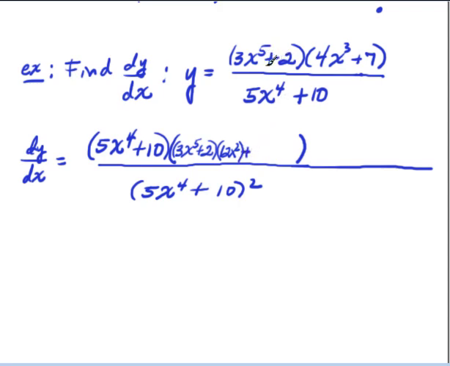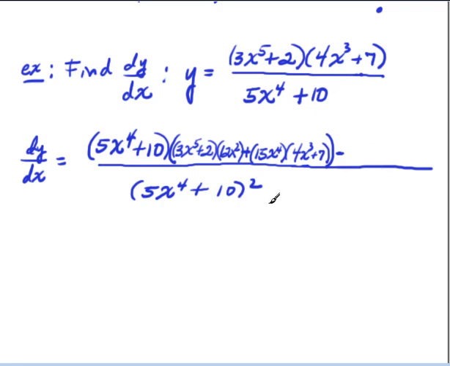Plus the derivative of the first is 15x to the 4th, times 4x cubed plus 7. Okay, so what we did so far was g f prime minus f, which is this entire numerator, times g prime.